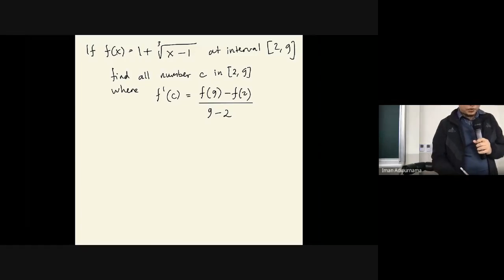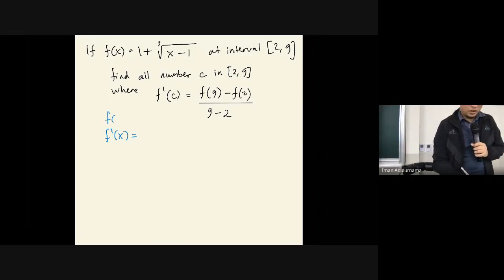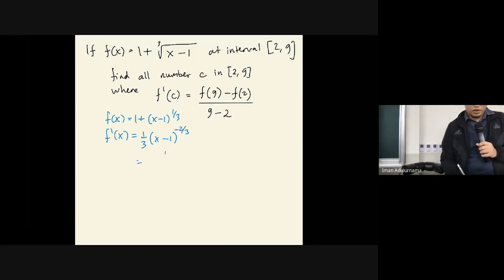So we can start with finding the derivative first. So 1 plus, let me write the function, 1 plus (x minus 1) to the power of 1/3. So this is 1/3 (x minus 1) to the power of minus 2/3.